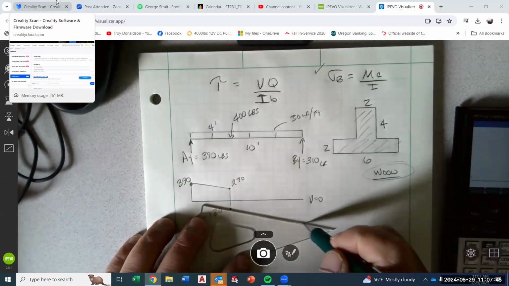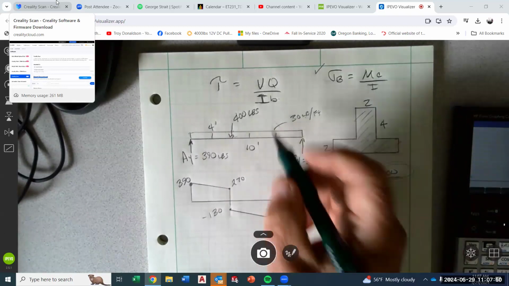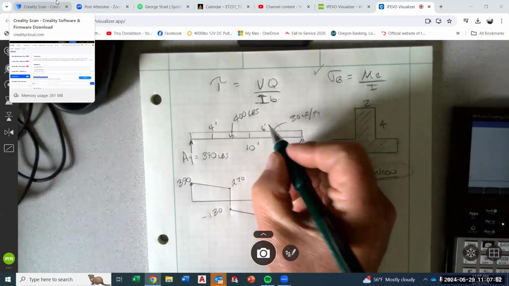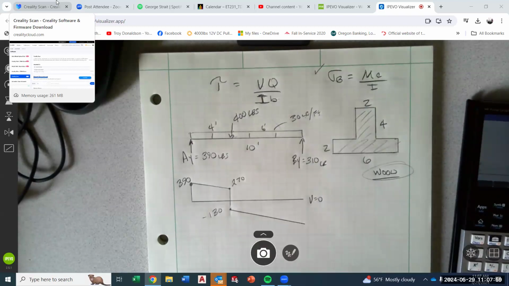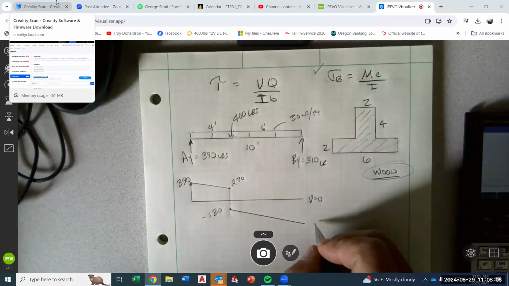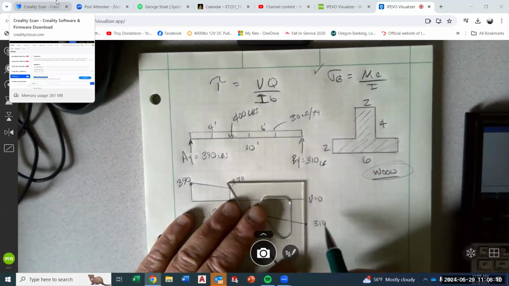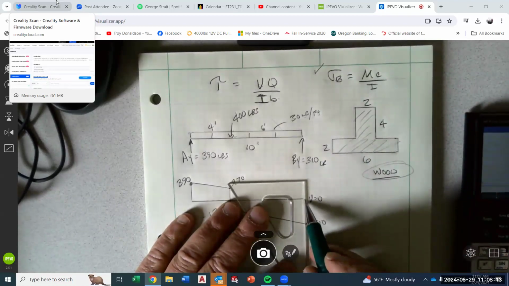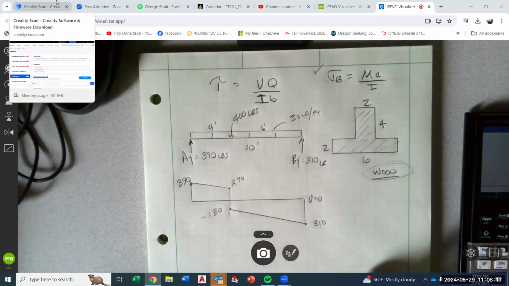From the 130, we come down another, what, this is 6 feet up here, so 6 times 30, 180. So it comes down to 310, which is good because then it returns back up. Okay, all right. So that's our shear diagram.